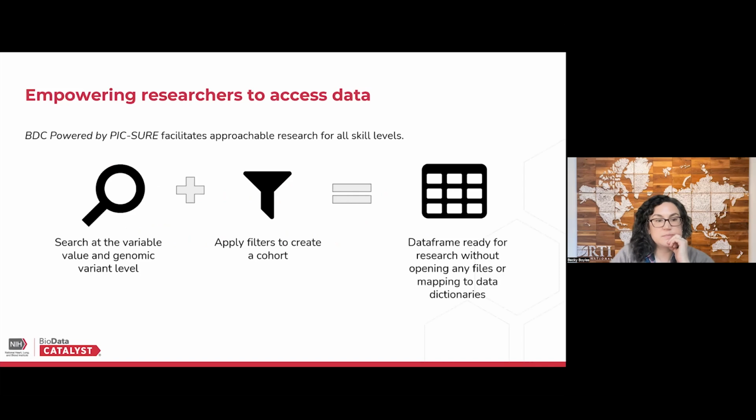PIC-SURE is a functionality within Biodata Catalyst that facilitates that search and browse, again, at the row level, participant level per variable in a study. You can filter those down and actually produce what we call a data frame, which you can take into an analysis environment and begin running your R code or whatever analysis pipeline you're interested in.